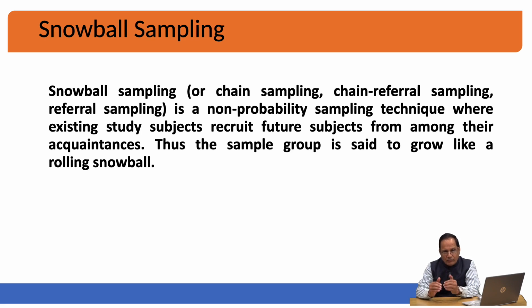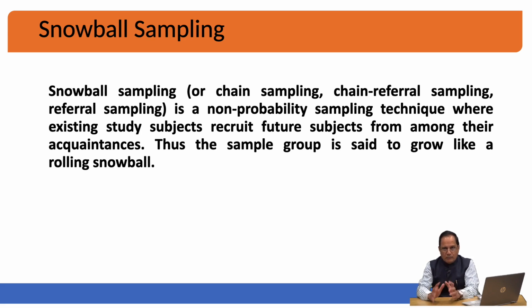In such researches, if by any way we can find some of the subjects, then we can take the data from them, and by asking them for similar kinds of subjects, we can know some more subjects, and then we will go to the next, and these new subjects will again inform us about some more, and in this way gradually we will identify the required number of subjects in the sample.